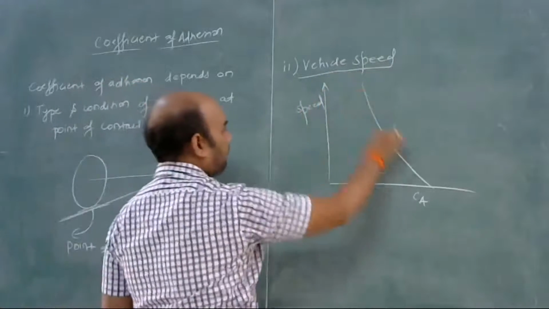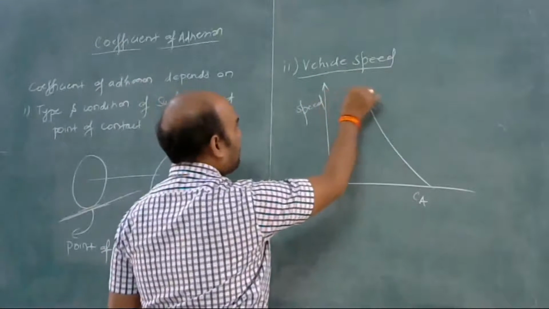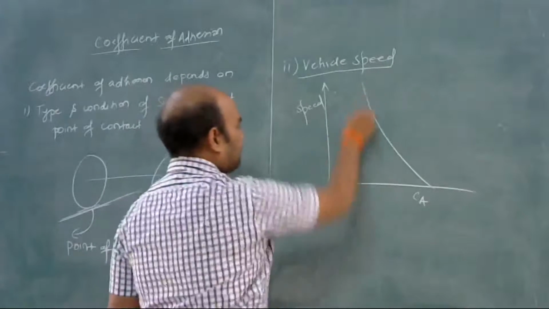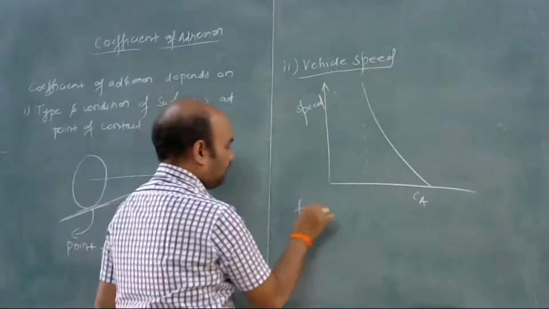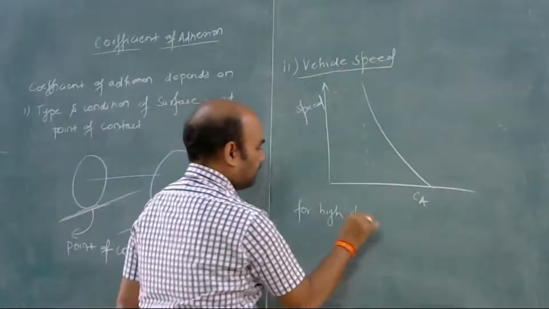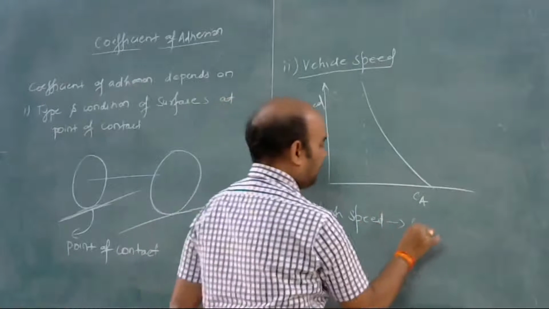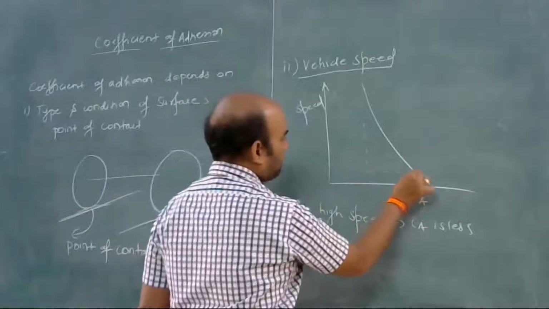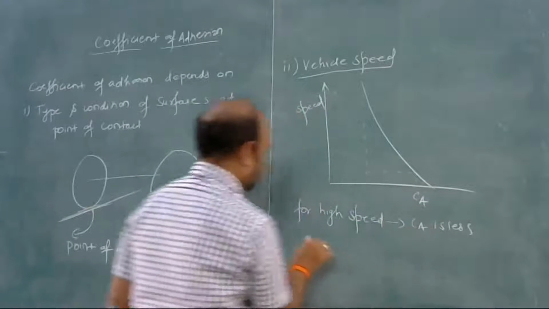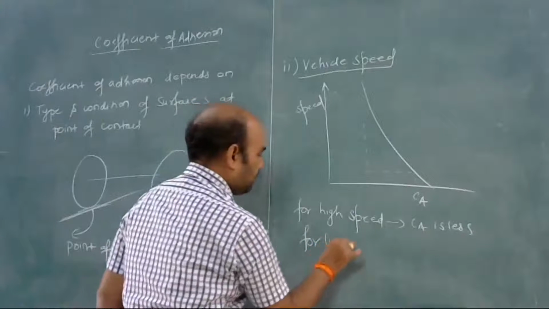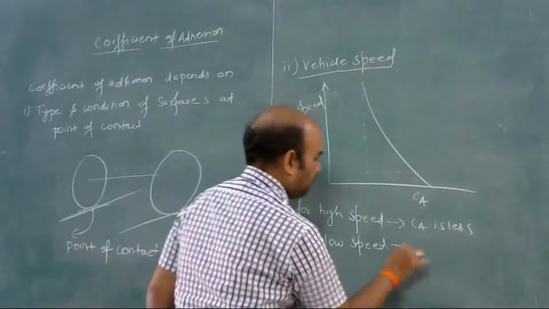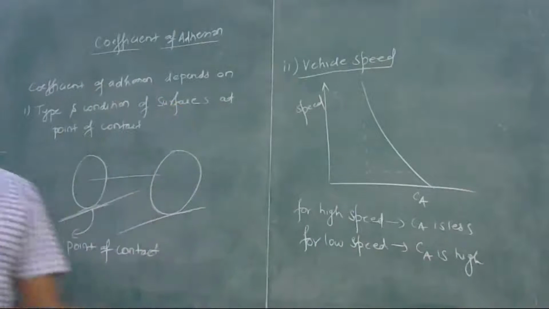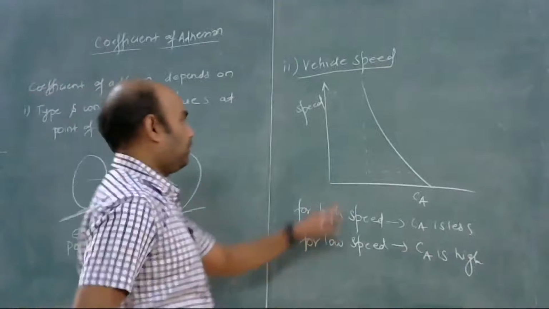So from this curve, it is quite clear that for higher speed, the coefficient of adhesion is less. For high speed, CA is less. Okay, and for low speed, CA is greater. So this is the case for higher speed.